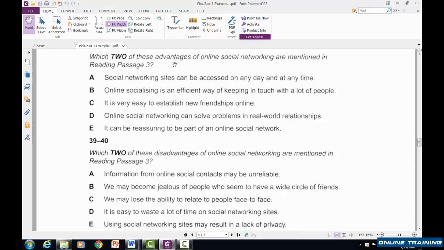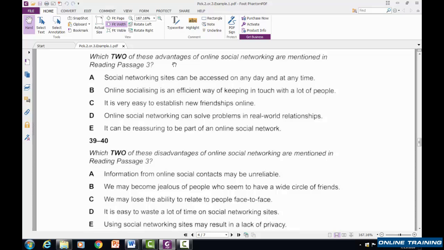So you want to look out for language that may be considered an advantage, and language that may be considered a disadvantage. I would suggest you circle that language as you're going through and doing the other questions, and then you can come back and read that language. It's going to be much, much easier then to do this type of question.